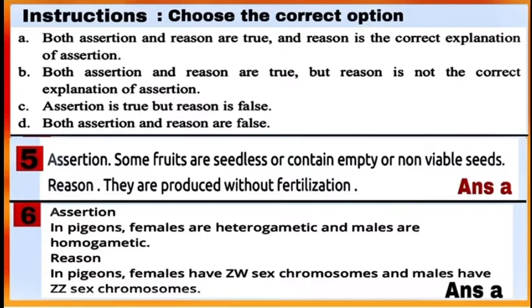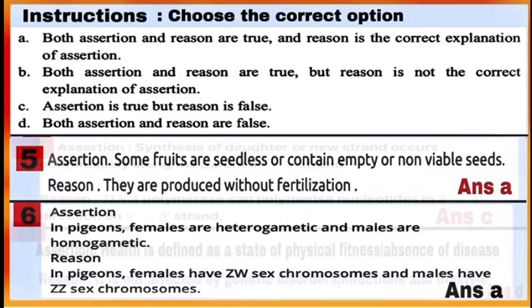Correct option is A. In pigeons, ZW-ZZ type of sex determination mechanism is found, in which females have two heteromorphic sex chromosomes, means they have ZW type of sex chromosomes, and males have homomorphic sex chromosomes, means ZZ type of sex chromosomes. So here both assertion and reason are correct and reason is the correct explanation of A.